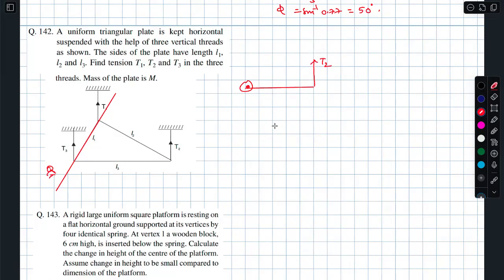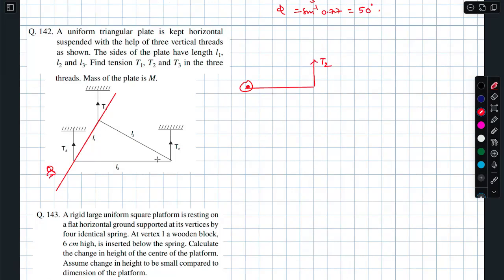Remember, in this situation, geometry is important for me. Actually, where does the center of mass lie? That's a question.